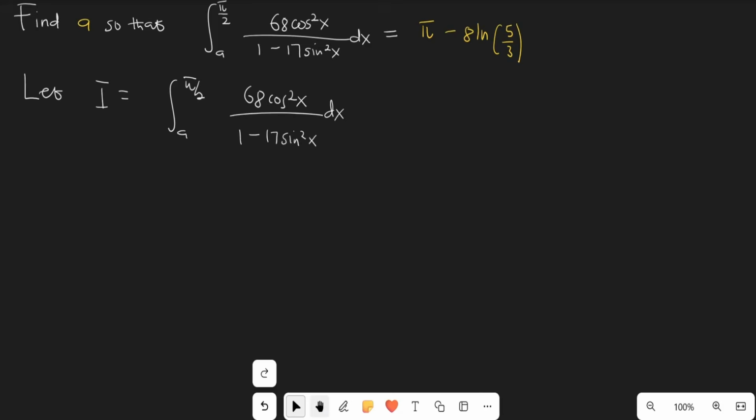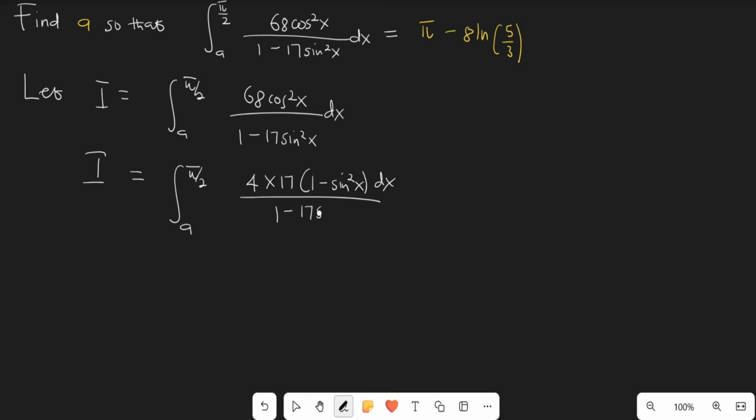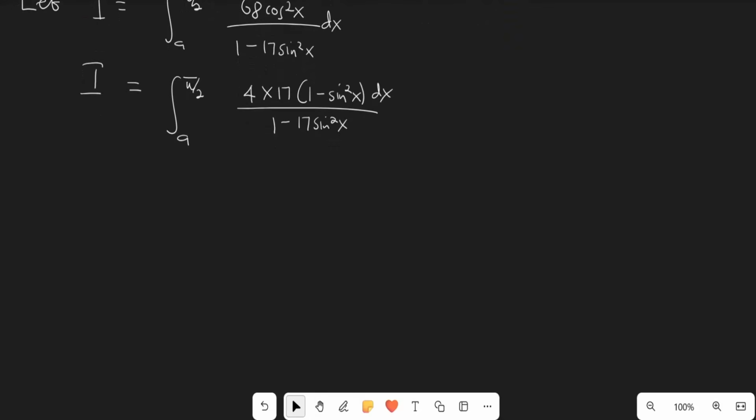So now let's solve this integral. The integral from a to pi over 2, this 68, I'm going to write as 4 times 17. And cosine square of x can be replaced with 1 minus sine square of x from the Pythagorean identities, divided by 1 minus 17 multiplied by the sine square of x.